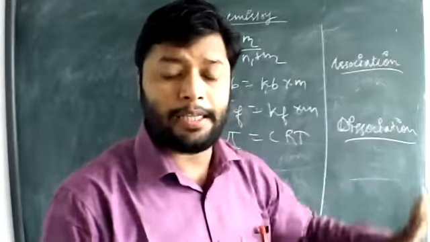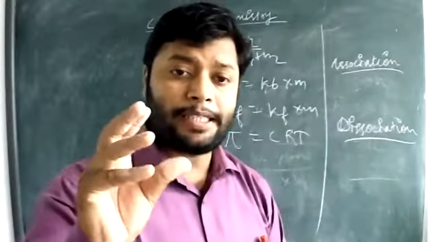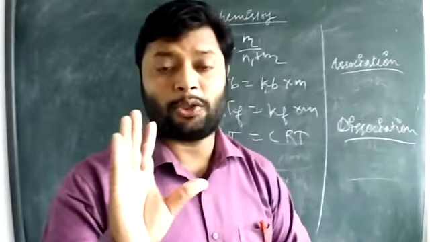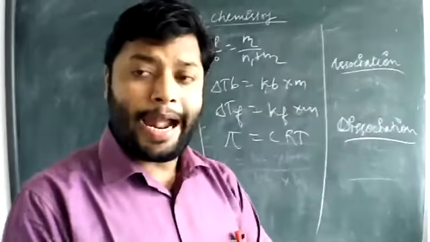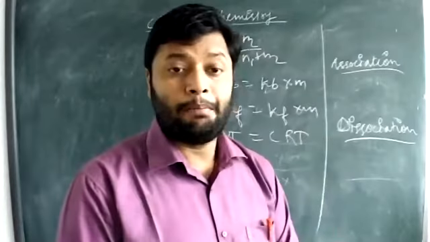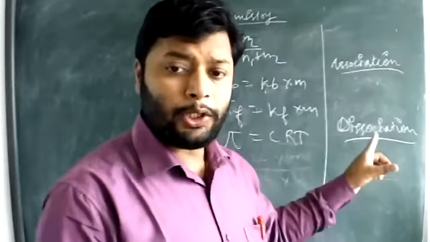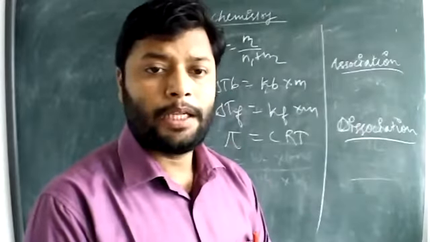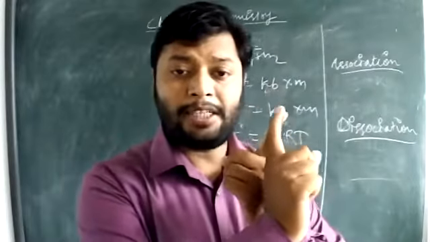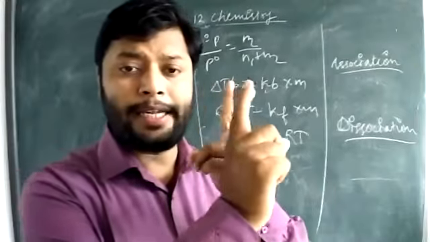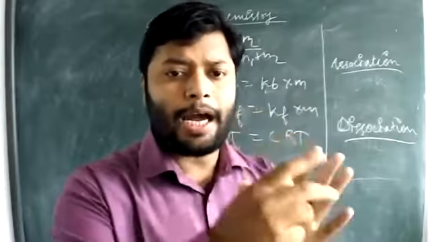As I mentioned earlier, carboxylic acid in benzene only shows association, and all the acids, bases and salts show dissociation. There are two conditions in dissociation. One condition is partial dissociation, the other is complete or almost complete dissociation.